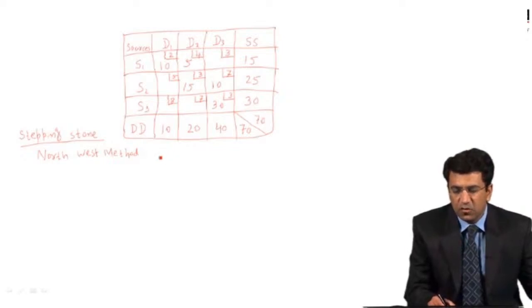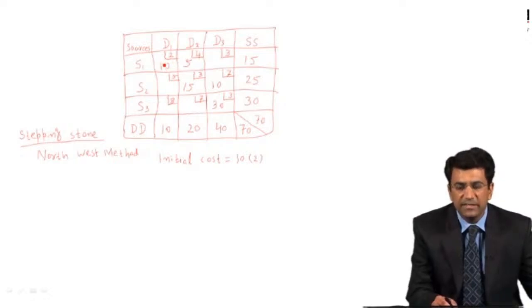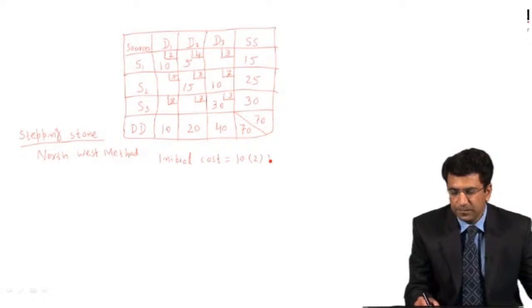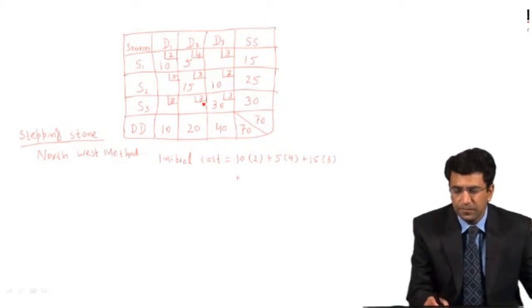So we can find out our initial cost from this table. Our initial cost will be equal to 10 multiplied by 2. Now 10 means we are supplying 10 units in this plan, and the per unit cost of our product is 2. So we multiply 10 by 2 to get the total cost for this route, that is S1 to D1, plus 5 multiplied by 4, plus 15 multiplied by 3, plus 30 multiplied by 3.